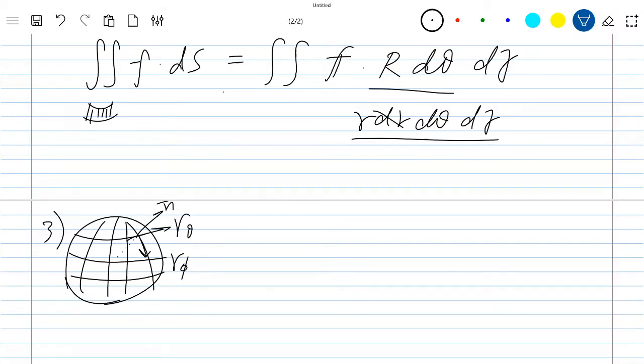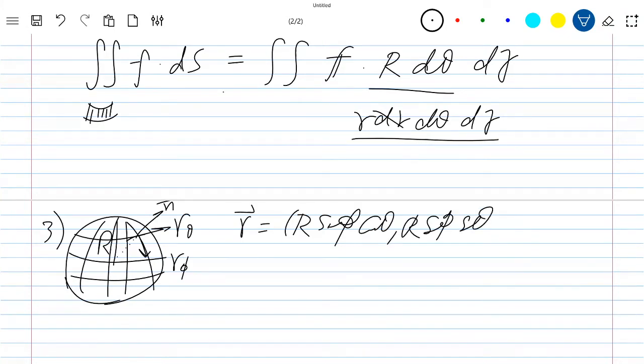We did that before. Suppose the radius is capital R, which is also a constant, and r equals R sine phi cosine theta, R sine phi sine theta, and R cosine phi.